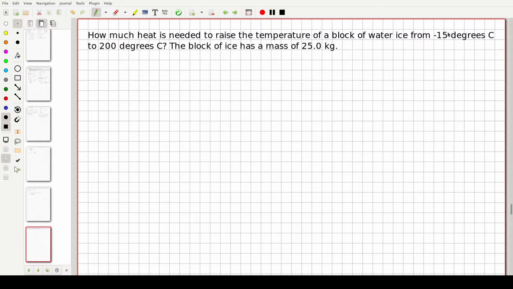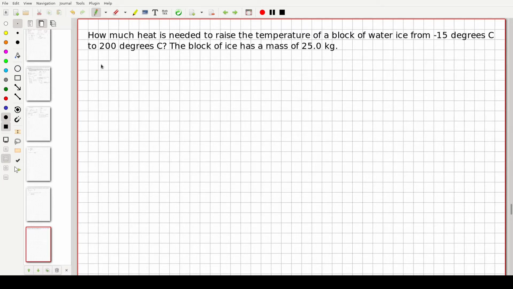That's when it starts to experience its phase transition. Then, once it's all transformed, you have to raise your water from 0 degrees Celsius up to 100. 100 is the boiling point of water. You have to boil all your water away, and then take that steam that's left over and raise it up to 200 degrees Celsius. So this is a multiple step process.